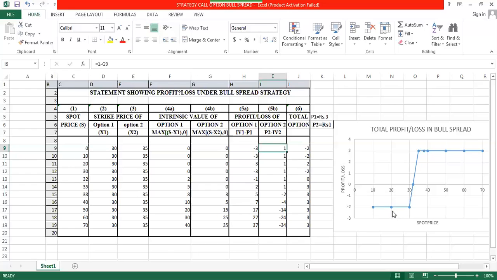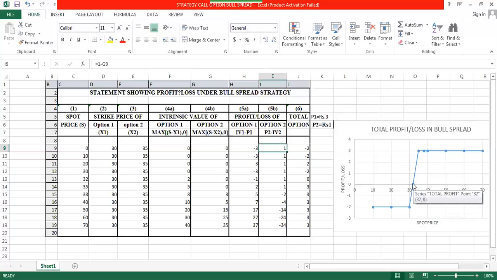This is shown in the diagram here. In the diagram, just see that the loss portion is limited. It is minus 2. This maximum loss starts at 30, which is X1, and you start making the maximum profit of rupees 3 at a spot price of rupees 35, which is equal to X2.